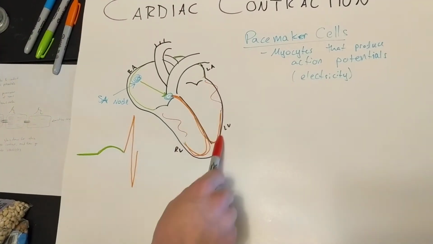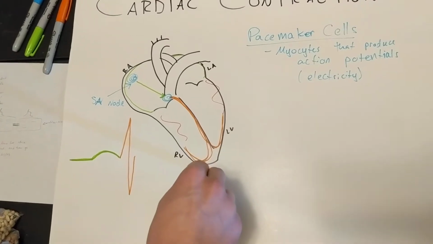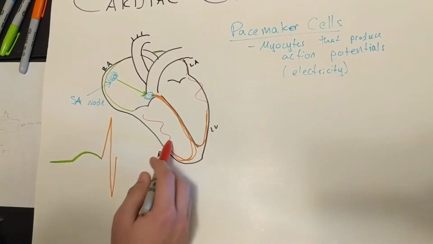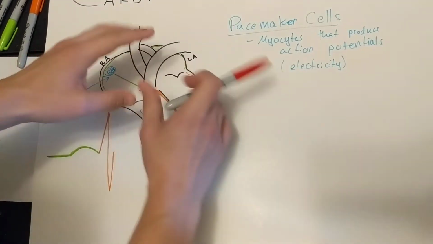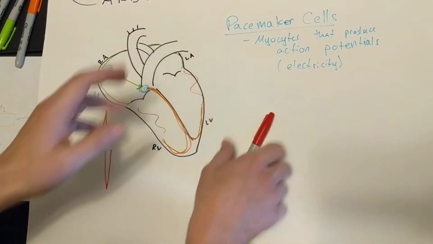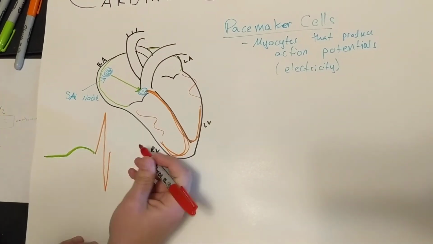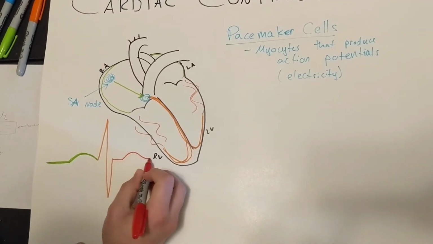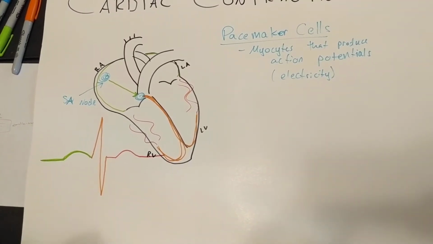So this electrical energy turns into kinetic and chemical energy, which contracts the heart, and this energy is diffused, and so the ventricles go back into their relaxed state, and so we see this kind of bill again on the EKG or ECG.